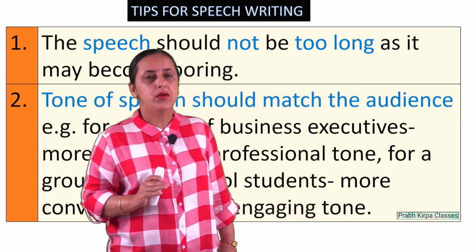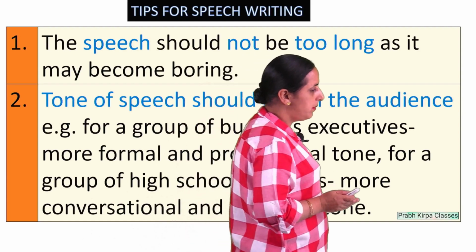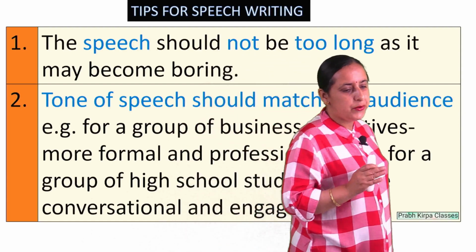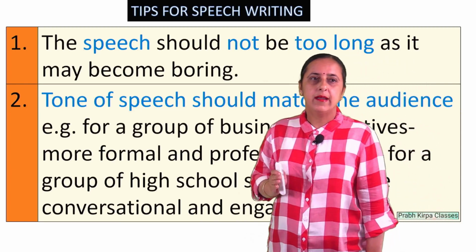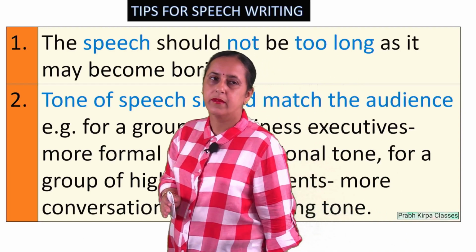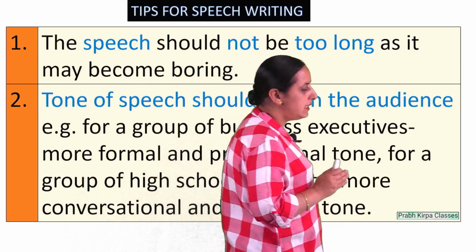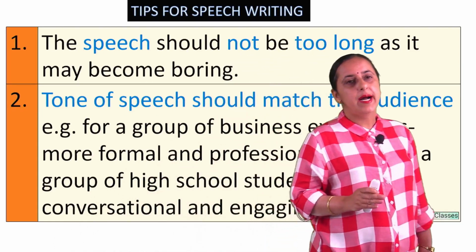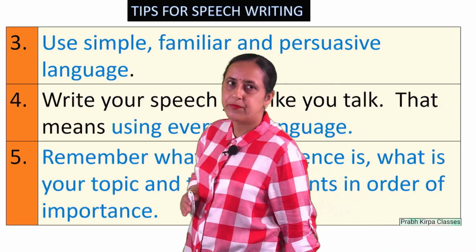Number 2, tone of speech should match the audience. For example, a speech given to a group of business executives would require a more formal and professional tone, while a speech given to a group of high school students may require a more conversational and engaging tone.